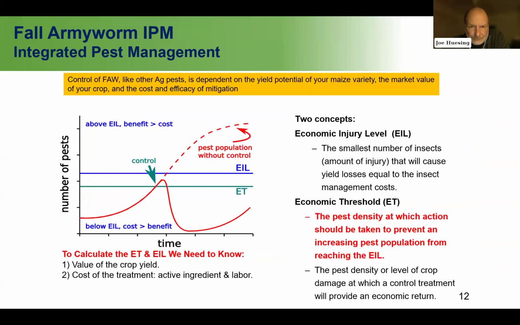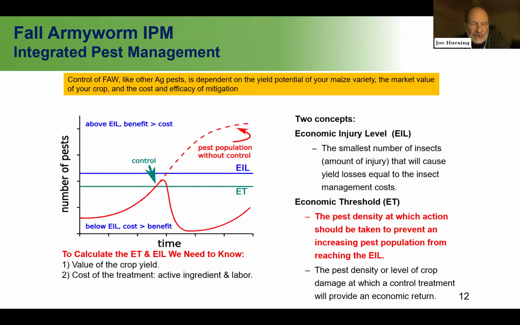Next slide, please. I very briefly want to go through the rationale for the next couple of slides because control of fall armyworm is an economic decision. And it's based on the value of the crop's yield potential, the potential damage that the pest causes, and the cost of controlling the infestation.